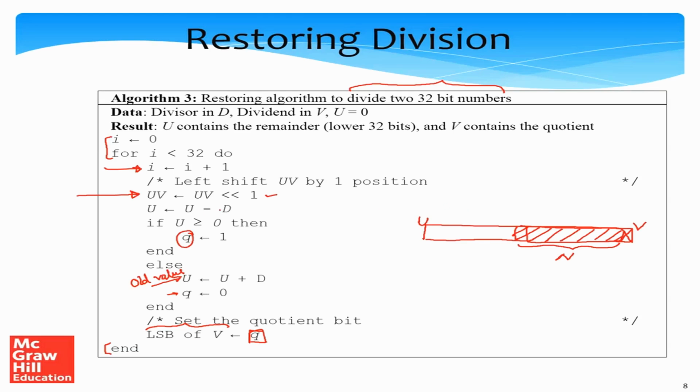Now what I do is subtract the divisor from register U. If I consider this part as the divisor, and if I consider this as an entire number starting from here, ignoring what is to the right, what I'm essentially computing is an n dash, which is equal to n minus the divisor.